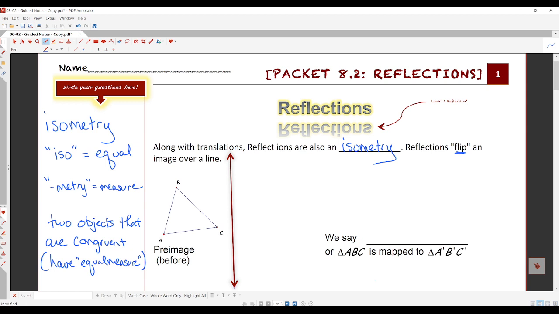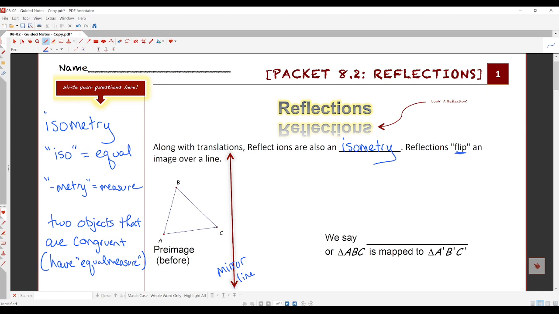Then the reflections are also 3 inches and 1.5 feet away. So when you're doing reflections, you start off with a mirror line, like this line right here. And however far a point is away from it, the reflection is going to be the same distance on the other side of that line.